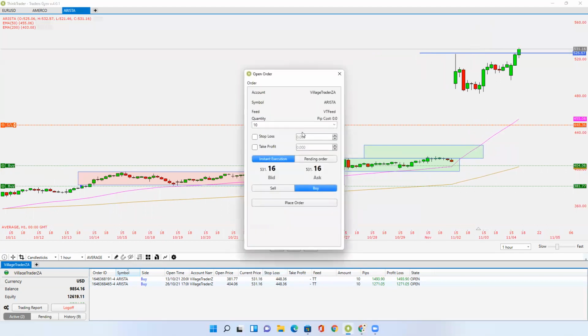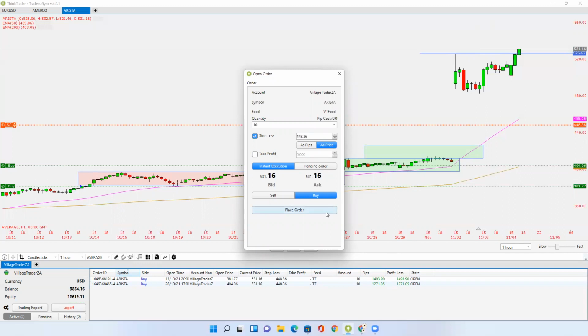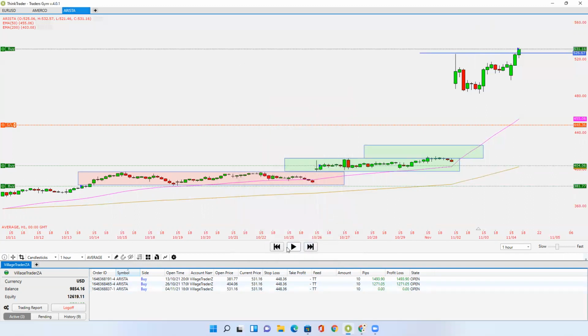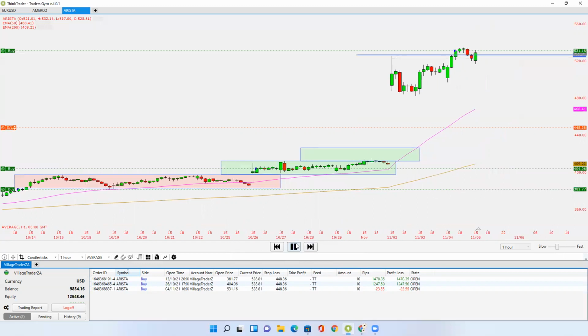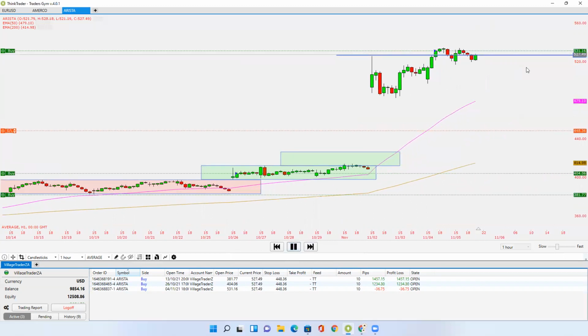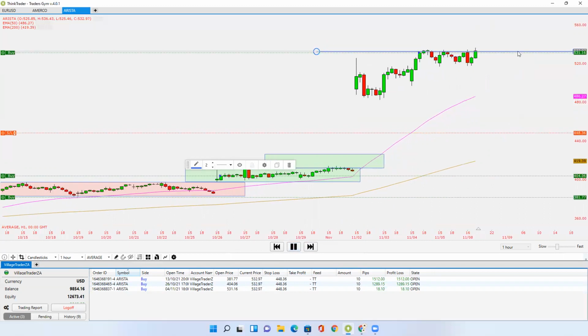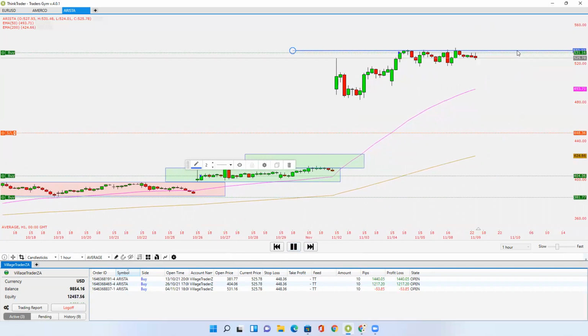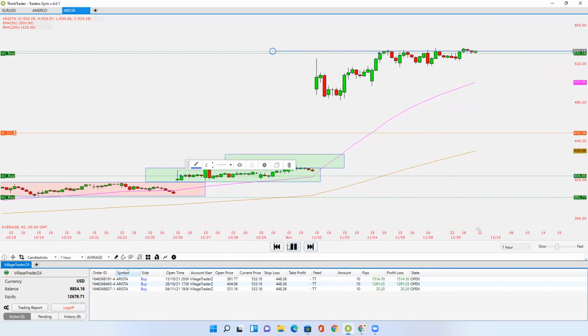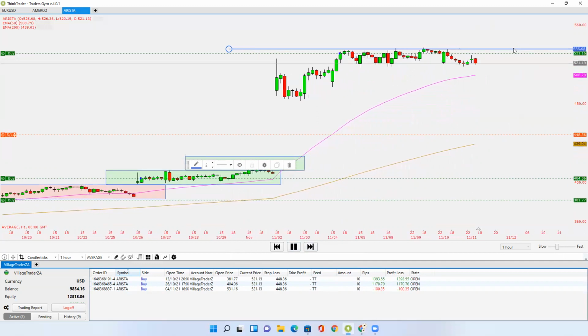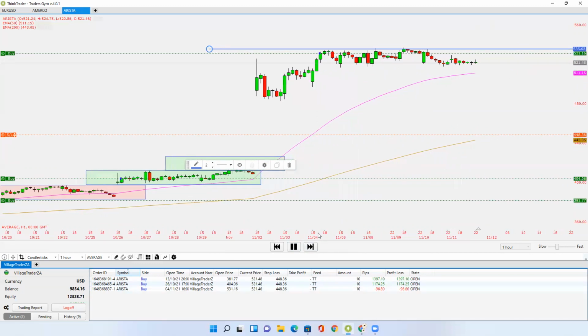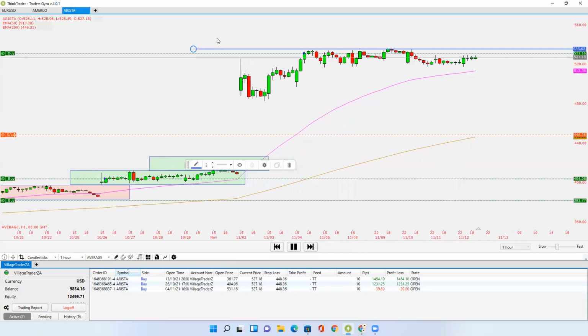And then I want to add also, okay, let's see how that action holds up. It didn't take out that level by any significant amount. The 50-day is catching up.